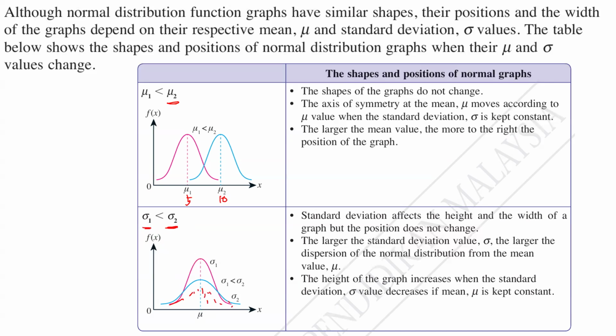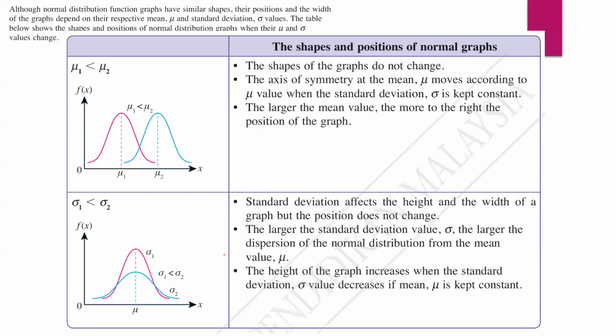If smaller, it will be higher. The height of the graph increases when the standard deviation decreases, but the mean stays constant. The mean will be the same, just affected by the value of the standard deviation.